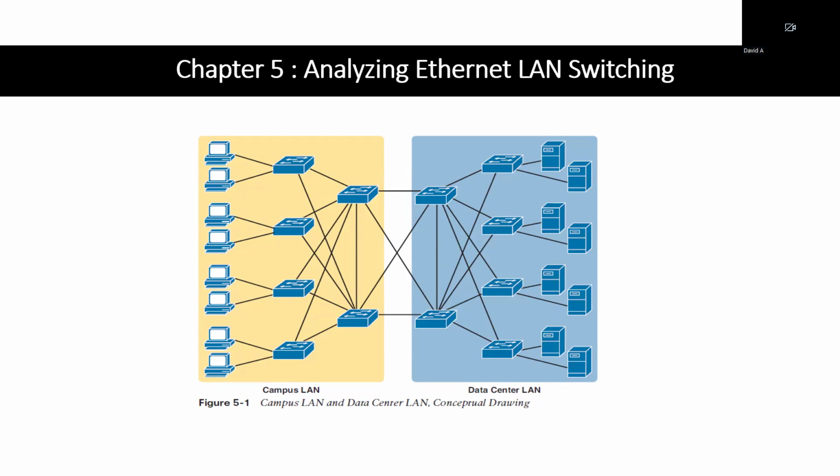Some of these switches will connect to other hosts, maybe servers or resources, as you can see in the data center local area network. And the campus local area network will connect to hosts.